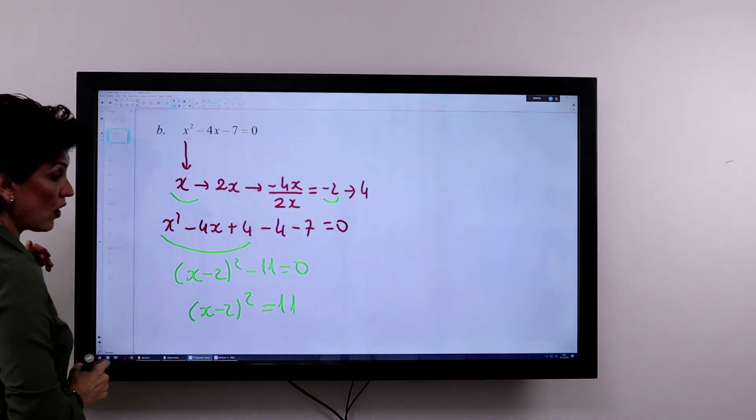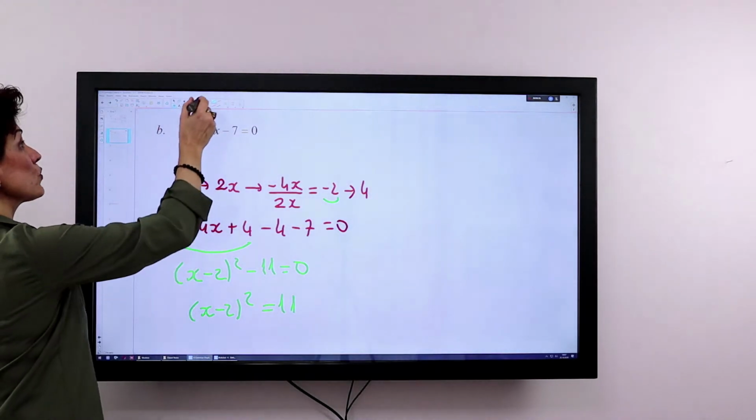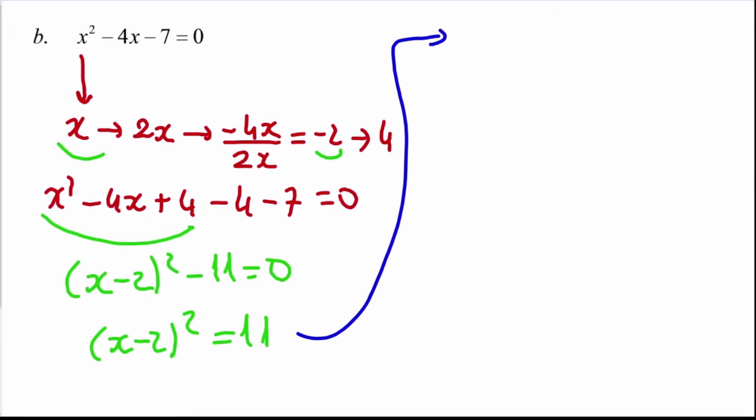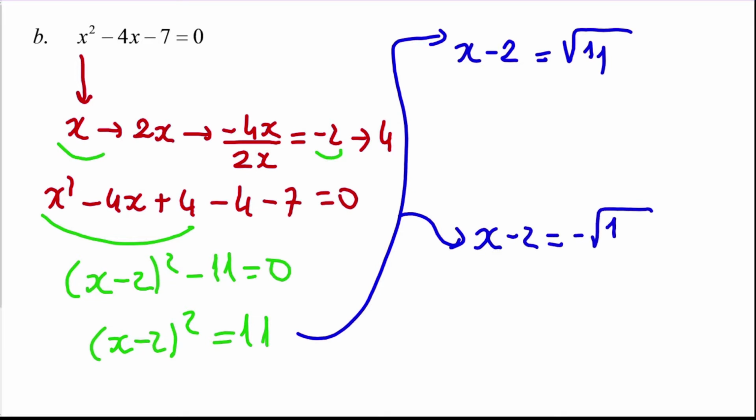If I take the square root of both sides, which number squared is 11? We have two different options: x minus 2 equals the square root of 11, or x minus 2 equals negative square root of 11.